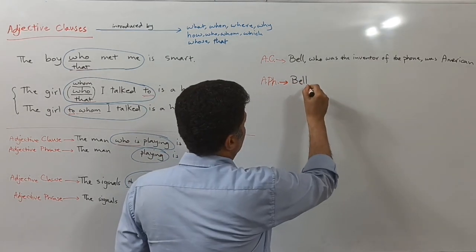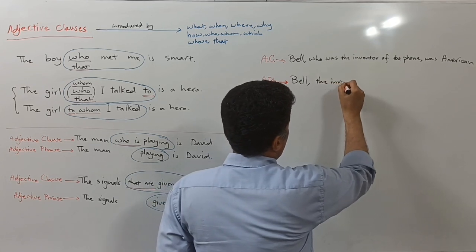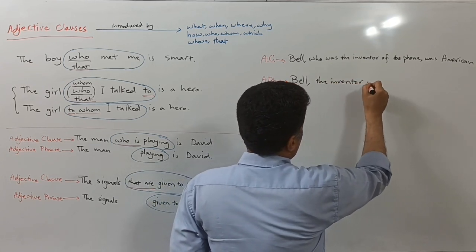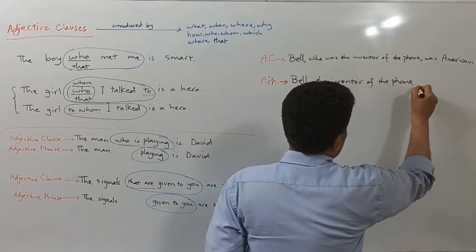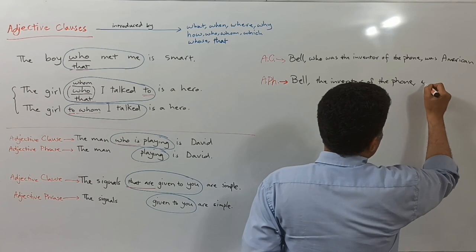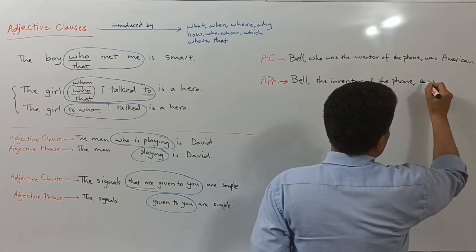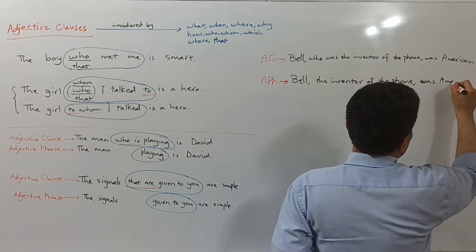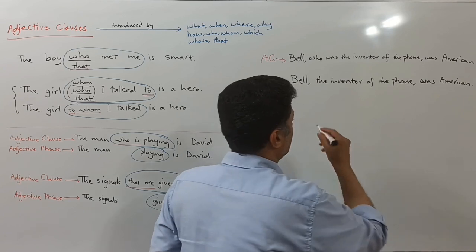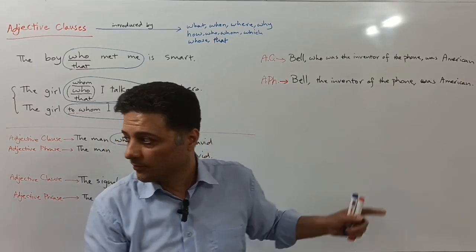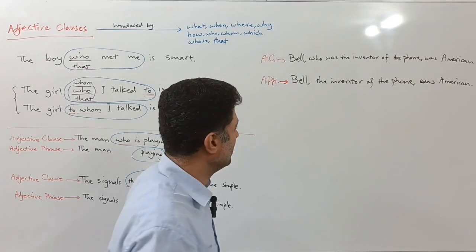Bell, the inventor of the phone, was American. Bell, inventor of the phone, was American, okay?